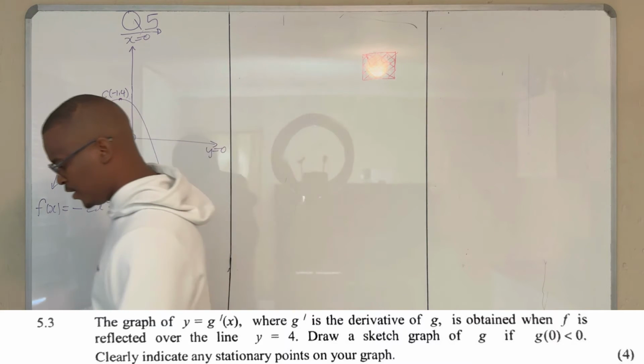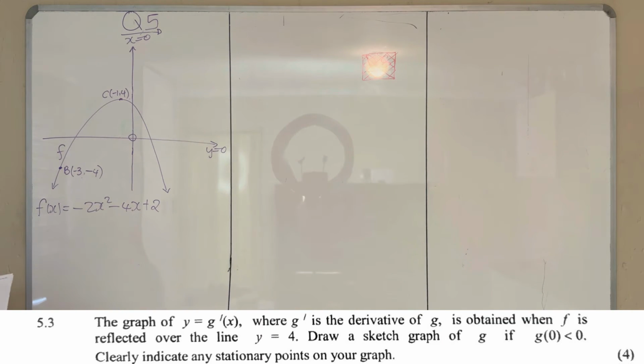Fine. So they're saying we have a graph, right? Let me use a different color, just so that we try to understand what they're saying. I'll use green. So we have a graph y, which is called g prime, and x. Are you with me?